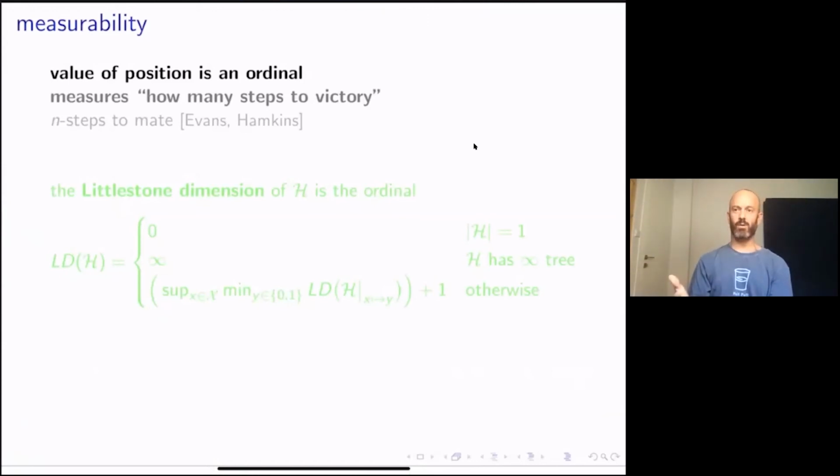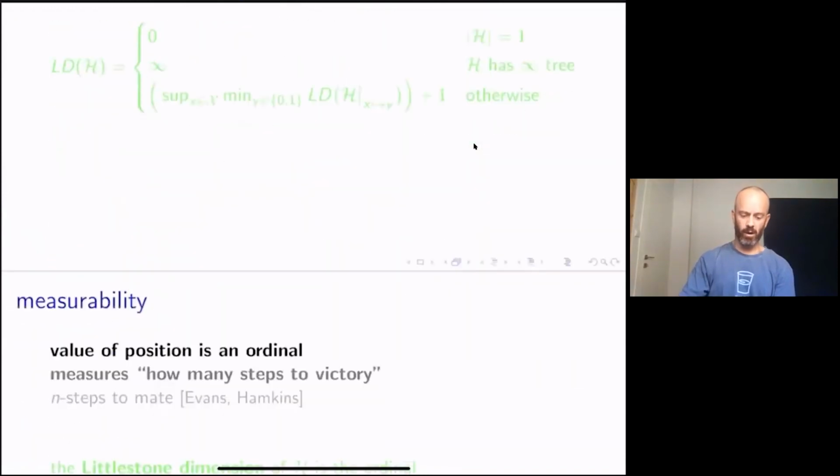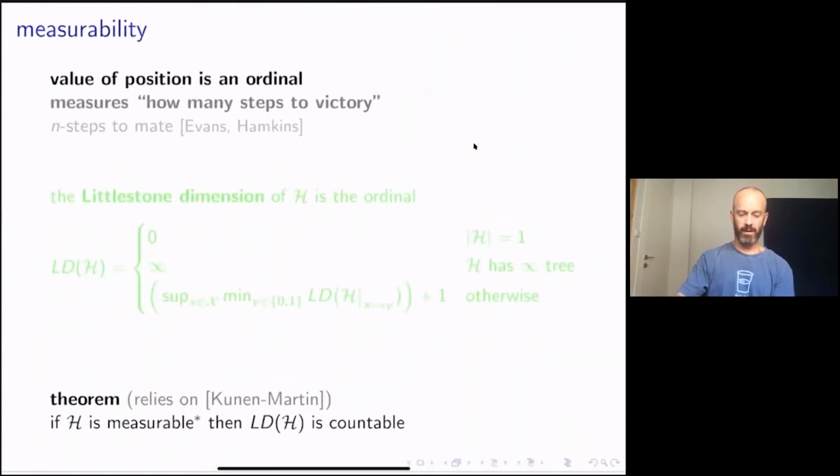How is this useful? This is useful because there is a very nice theorem in set theory that tells us that when the class of functions H is measurable in a standard sense, then this Littlestone dimension is not crazy. It is countable. So this helps us to control the complexity of the strategy.